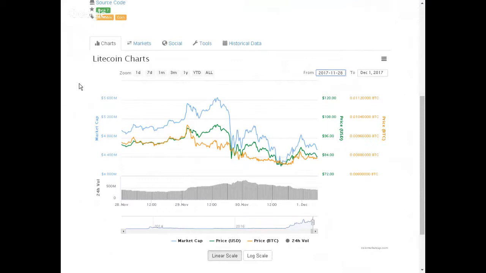Those are probably the coins that you want, because you eventually want to dump those and get as much more Bitcoin as you possibly can. But even Litecoin is trending down. Price is going up, but Bitcoin value has been trending downwards. As you can see, the yellow line is higher on the left, lower on the right. So you probably want to watch out for it if you do have any Litecoin.